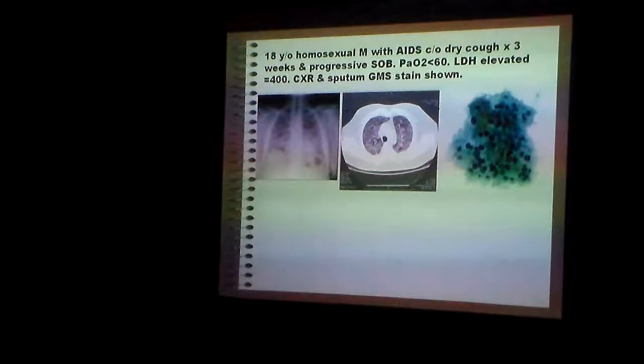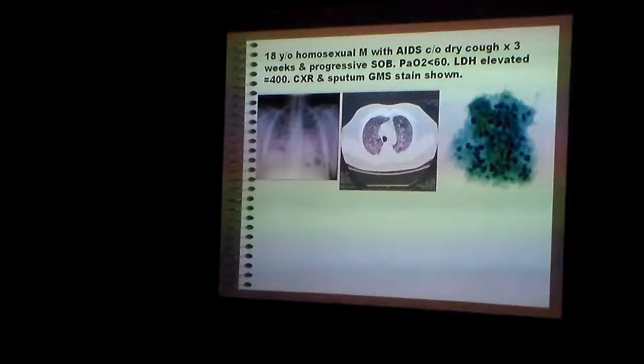18-year-old homosexual male with AIDS complains of dry cough for 3 weeks and progressive shortness of breath. PO2 less than 60, LDH was elevated. Chest X-ray and sputum Jim stain, it's a silver stain, show Pneumocystis.